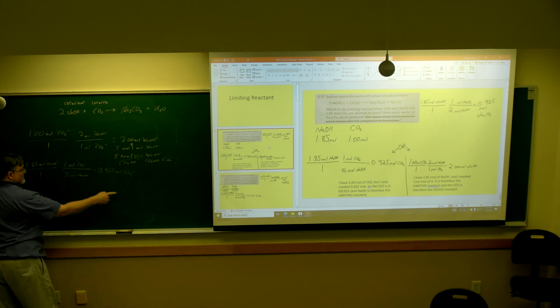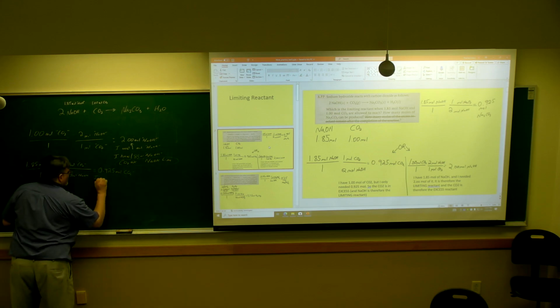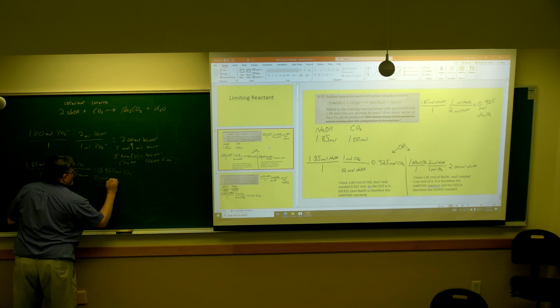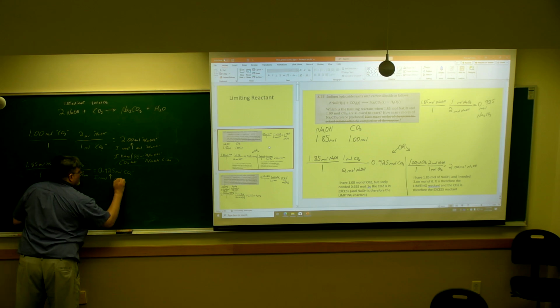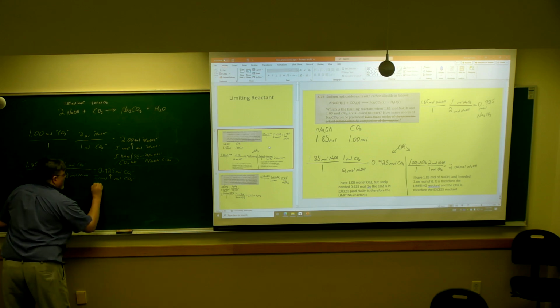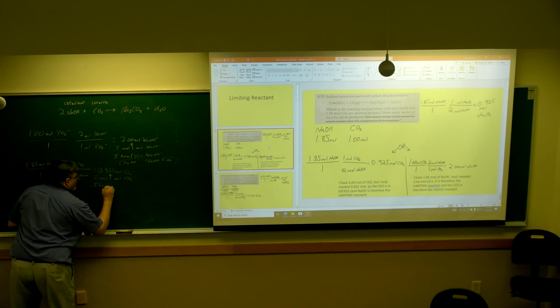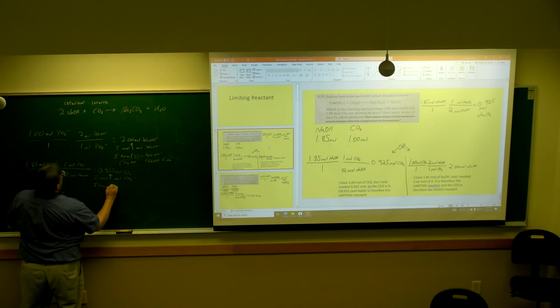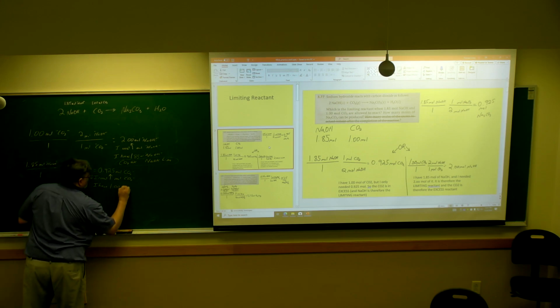Moles of CO2. I need that many moles of CO2. I have 1.00 mole.